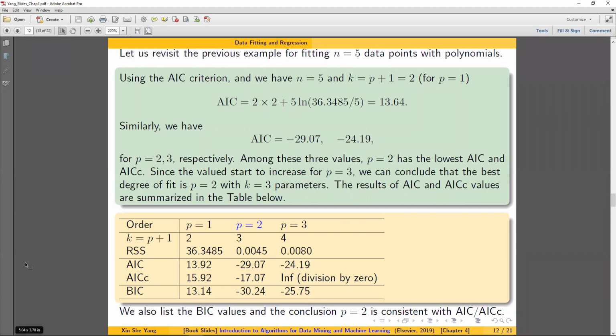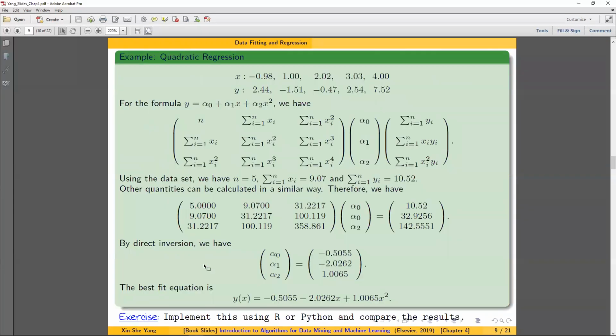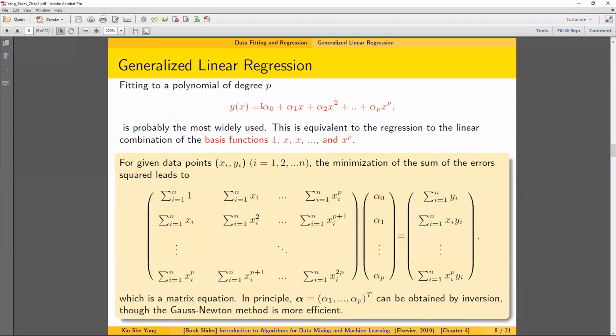Let's revisit the example we had with 5 data points and polynomials. We have p equal to 1, p equal to 2, p equal to 3 in terms of the polynomial order. Because we also have the intercept, the number of parameters is p plus 1. So for p equal to 1 we have 2 parameters: one parameter would be this, the second one would be that, right?